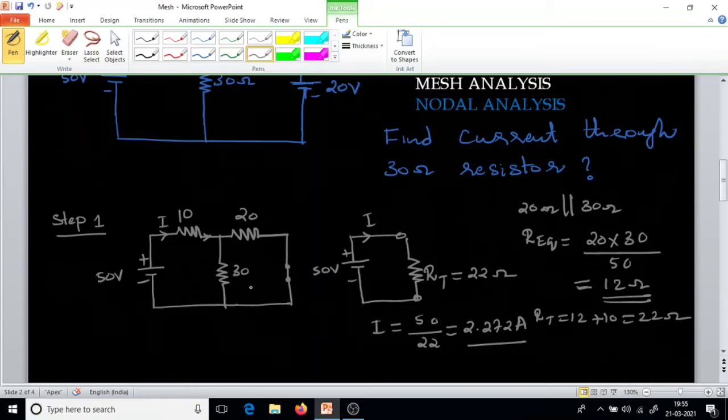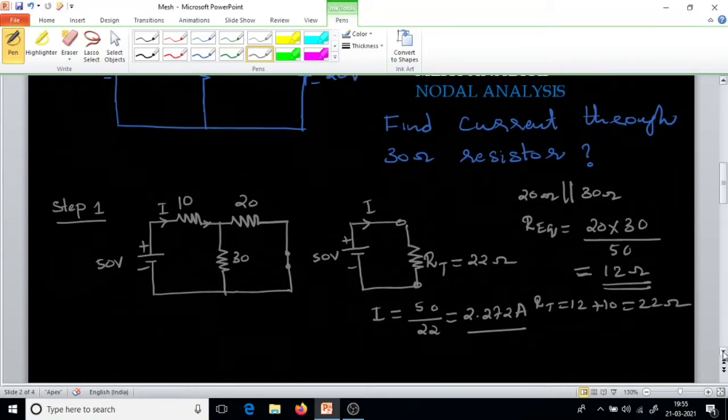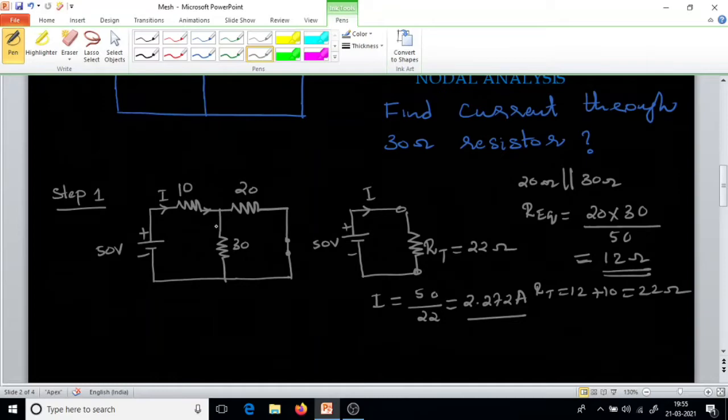Now here we'll apply the current divider rule. Let us take these as I1 and I2. The current entering here is I equal to 2.272. We need I1, which means we use the opposite branch resistance in the current division rule.